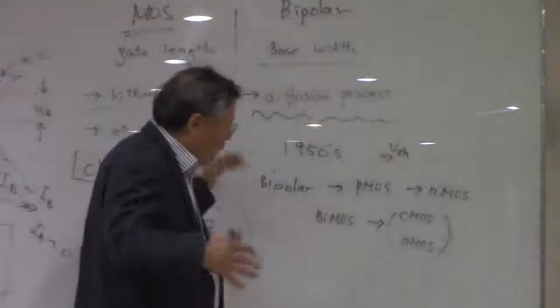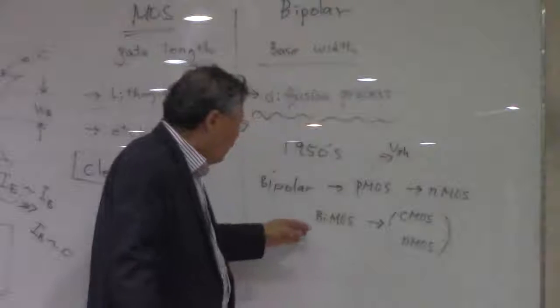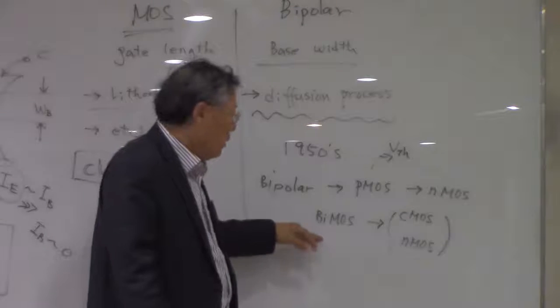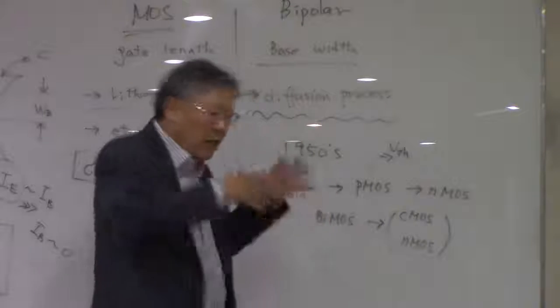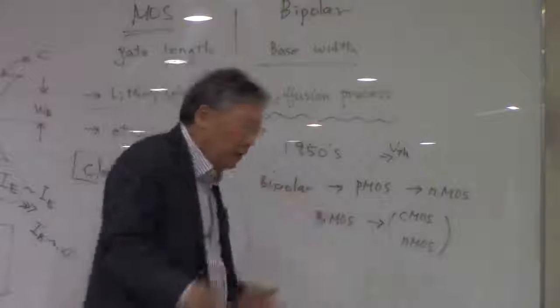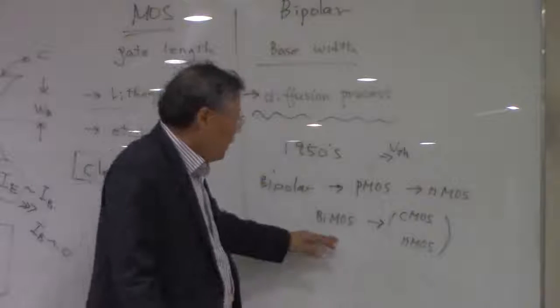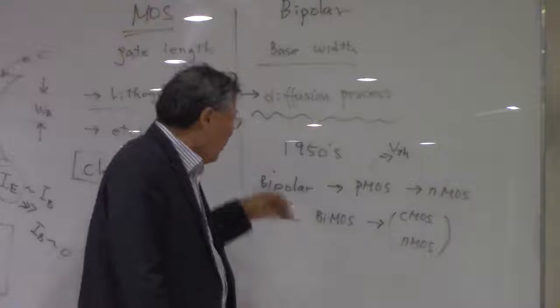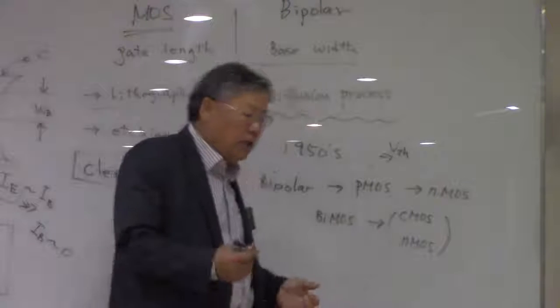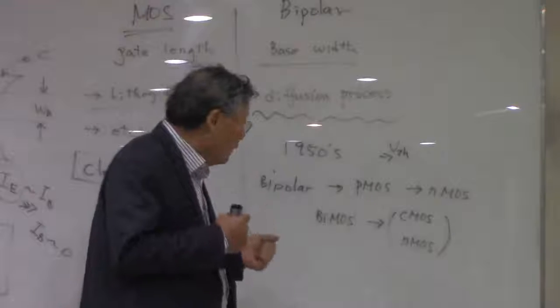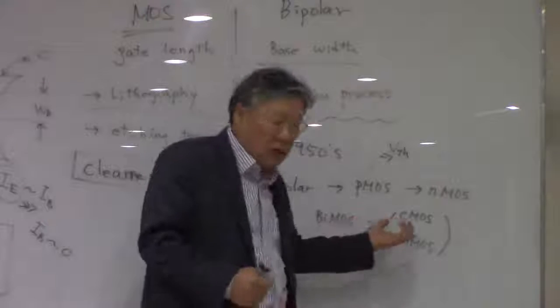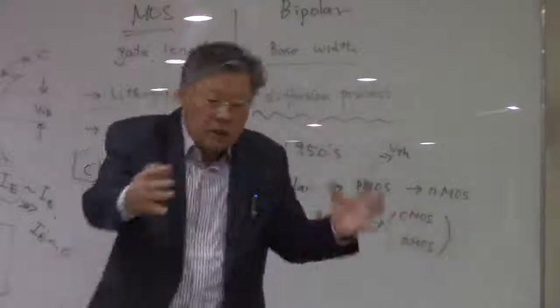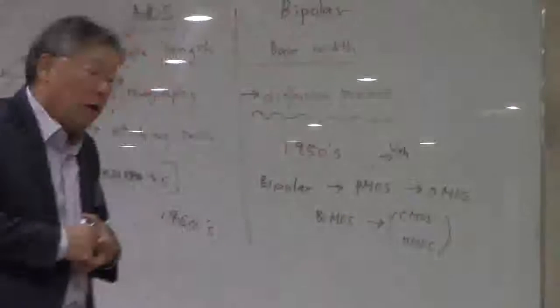So the input circuits had to be made with a bipolar. So bipolar and MOS have been fabricated in the same substrate, and we call that the BiMOS. But with the advent of technologies in the MOS, now we can make protection circuits with the MOS as well.